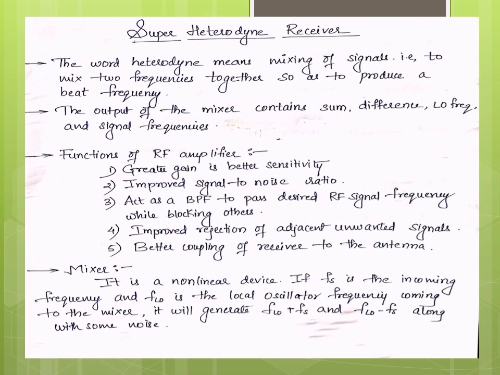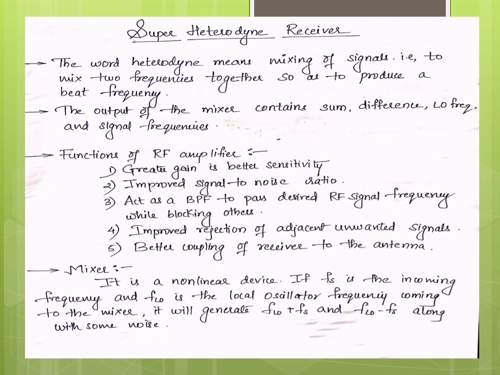Now, next point is the mixer. Functions of the mixer: it is actually a non-linear device. If Fs is the incoming frequency and FLO is the local oscillator frequency coming to the mixer, it will generate FLO plus Fs and FLO minus Fs along with some noise. We have already discussed that the output of the mixer has these contents, FLO plus Fs and FLO minus Fs, in which the IF amplifier takes only the difference signal, that is FLO minus Fs.